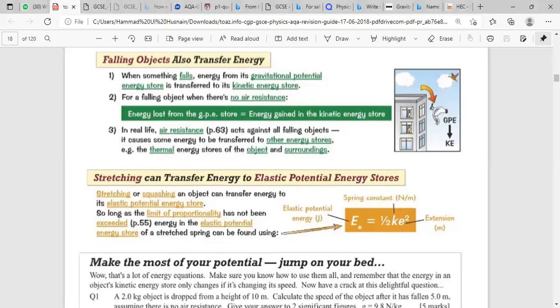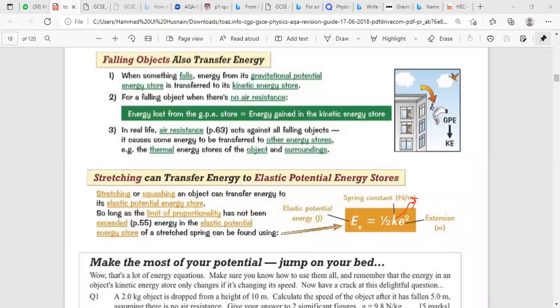Basically, you can consider an example of a spring, where the energy is stored in that elastic material. So what does this k mean? This k is basically the spring constant.